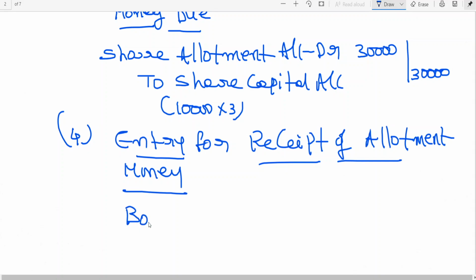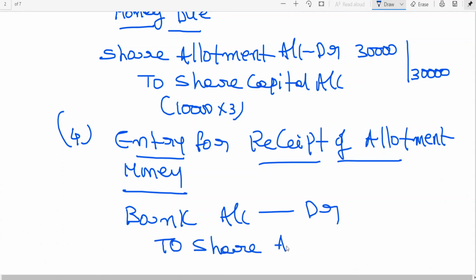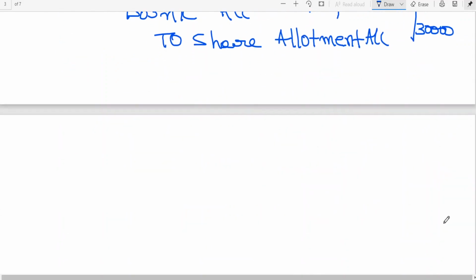Bank account debtor to share allotment account.